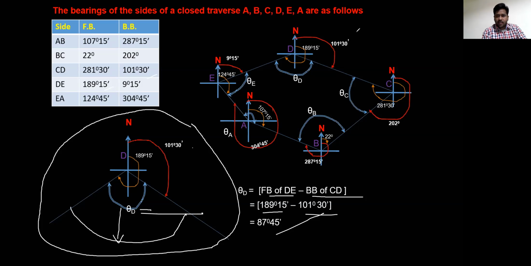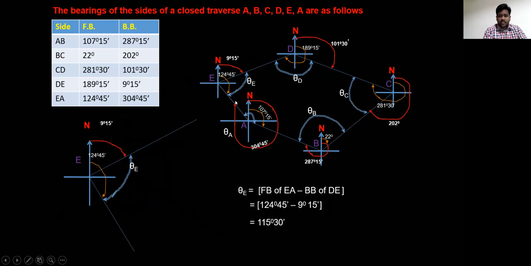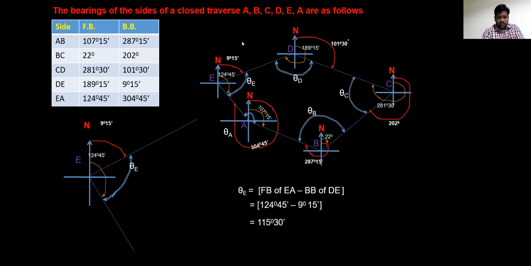In a similar way, I will calculate the interior angle at station E. This is my interior angle at station E. If I want to find that interior angle, it is the forebearing of EA minus the back bearing of DE.